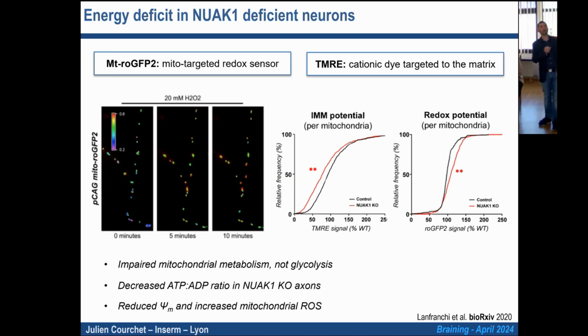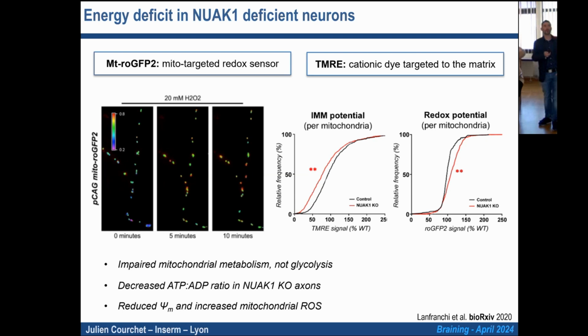So we've done that using this red sensor for the mitochondria, and you see dots of mitochondria that can respond to peroxide and get more oxidized. So you can compare the ROS production by the mitochondria in wild type and in knockout animals.